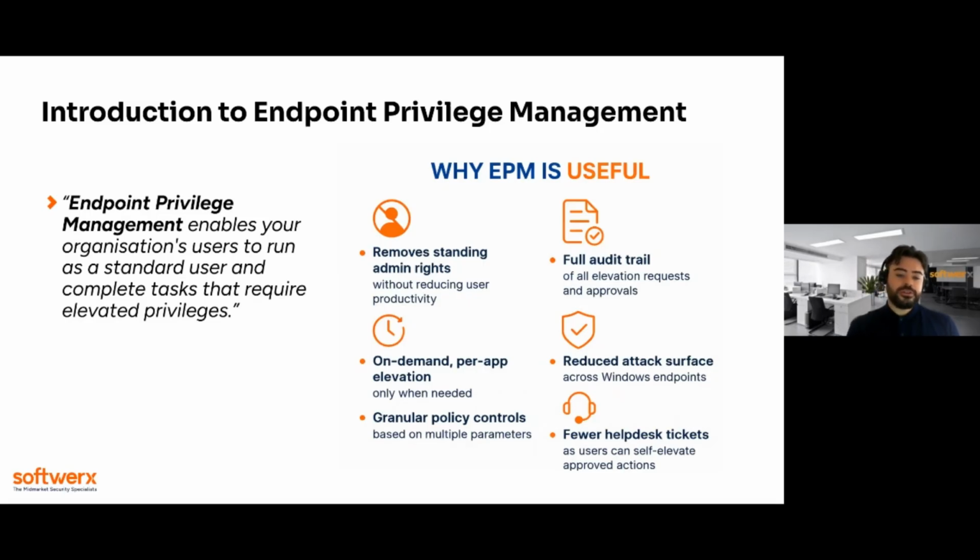So you can see here, removing standing admin rights, best practice, no standard user account should have local admin rights to their device at all. You've got on-demand per app elevation. As an IT admin, you can define what applications are allowed to be elevated based off a set of rules and conditions, which we'll touch on a little bit more as well. That falls into the granular policy controls.